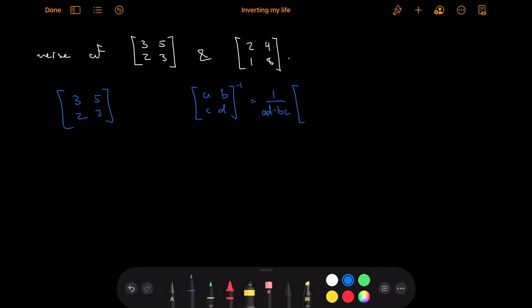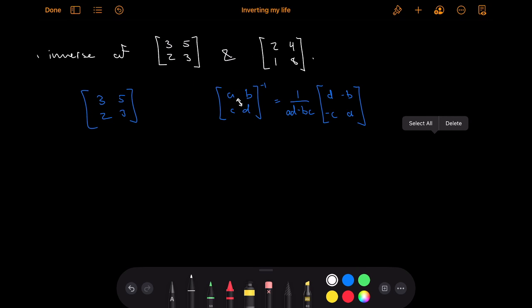But for now, this is how you find the inverse of a 2 by 2 matrix. It'll be 1 over the determinant times the matrix D, negative B, negative C, and A. So what we did is we just switched A and D and then multiplied B and C by -1.